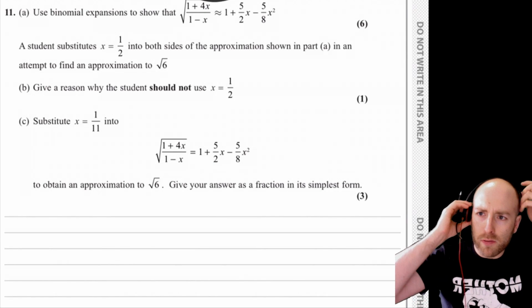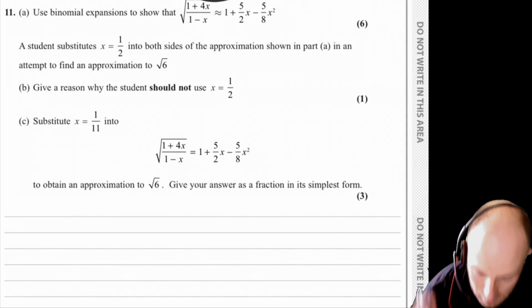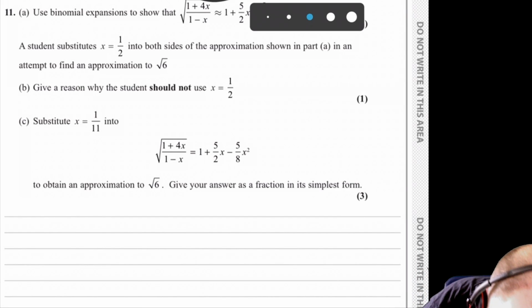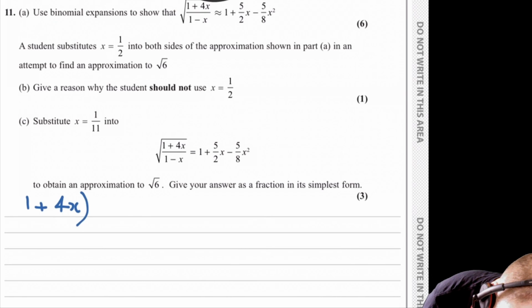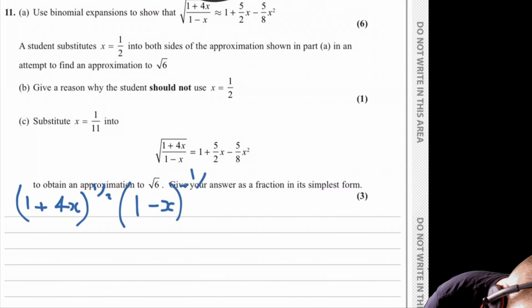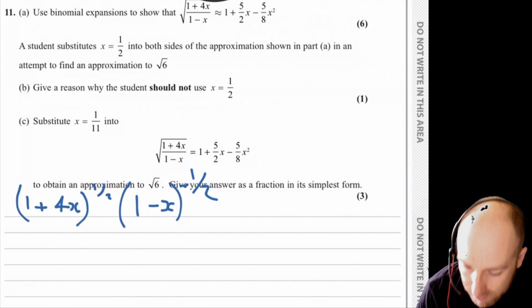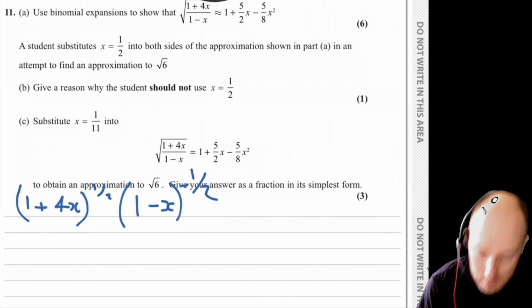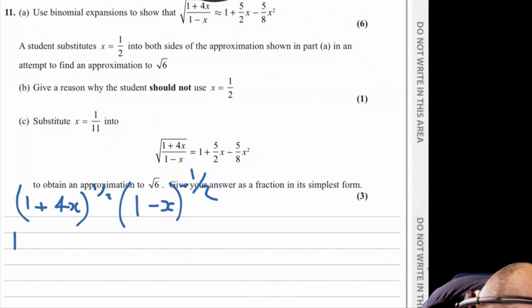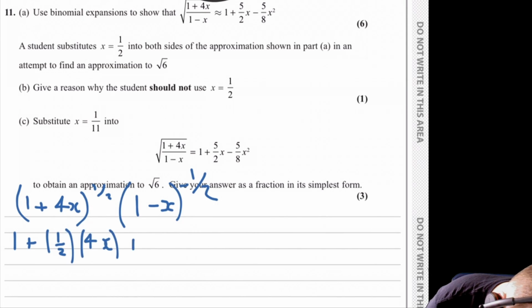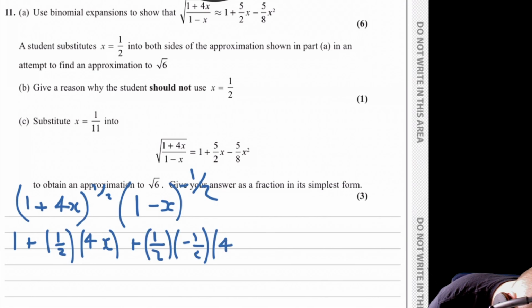All right, let's go through this one. To expand this, we need to expand the top and the bottom separately. So we're going to get (1 plus 4x) to the half times (1 minus x) to the minus a half. We're only expanding up to the x squared term, so we can skip quite a lot. For the first one: 1 plus a half times 4x, plus a half times minus a half times 4x squared over 2 factorial.